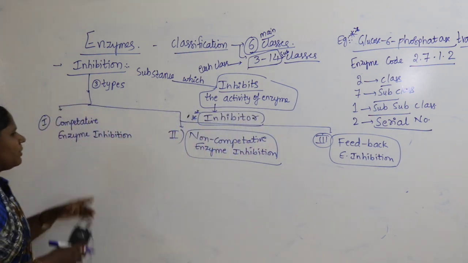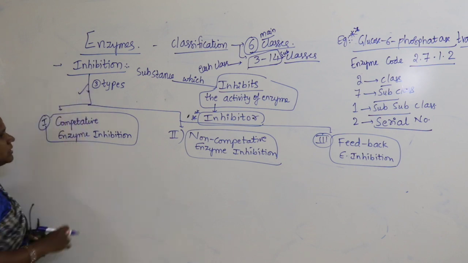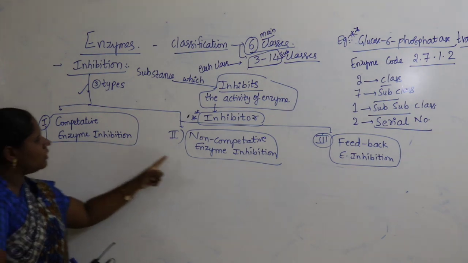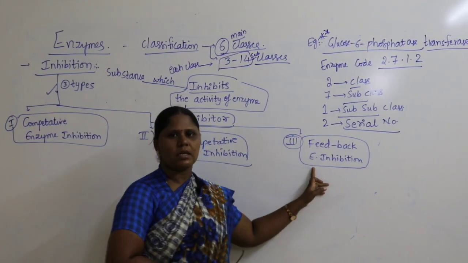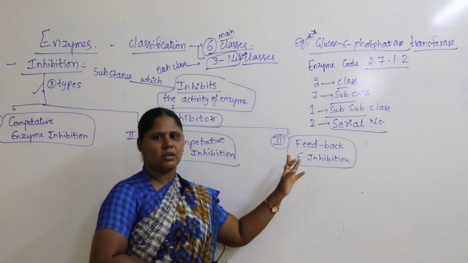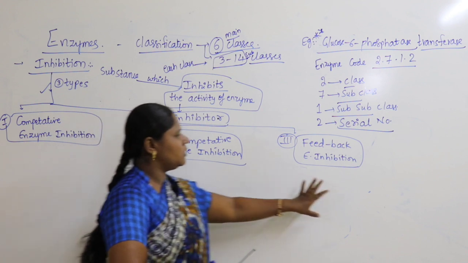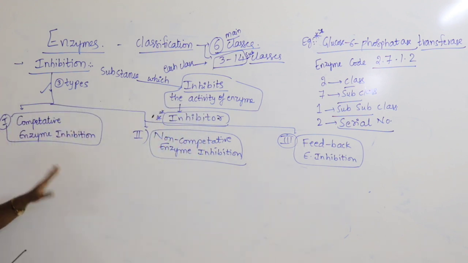So altogether how many categories do we have? 3 categories: competitive enzyme inhibition, non-competitive enzyme inhibition, and the third one called feedback enzyme inhibition. These are the three types of inhibition of enzymes. Let us discuss one after the other.